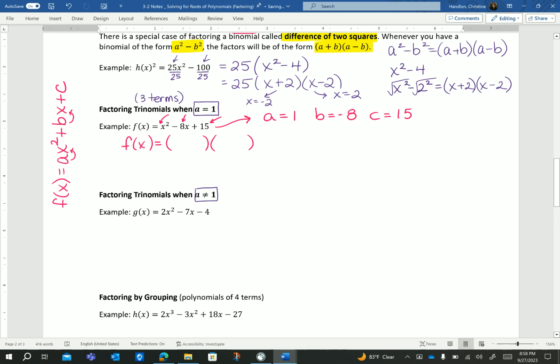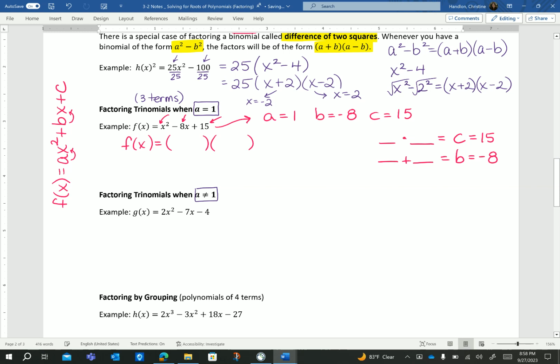So here is the thought process, okay? What times what will give me the c value, and the c value for us is 15, that at the same time, when you add, would give me my b value, and the b value is the middle term, negative 8.